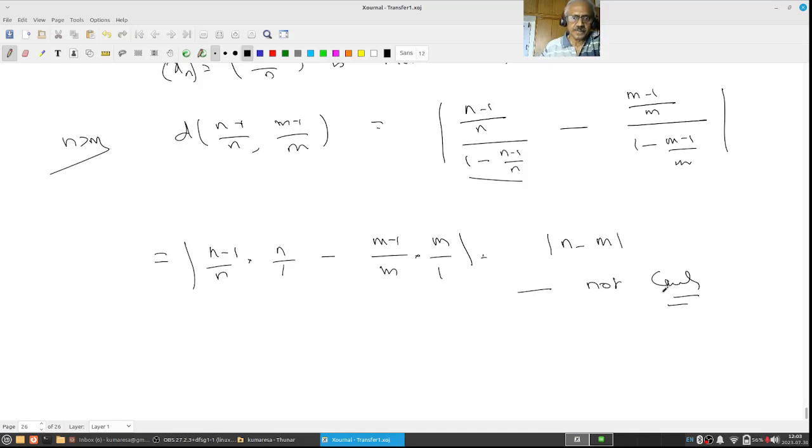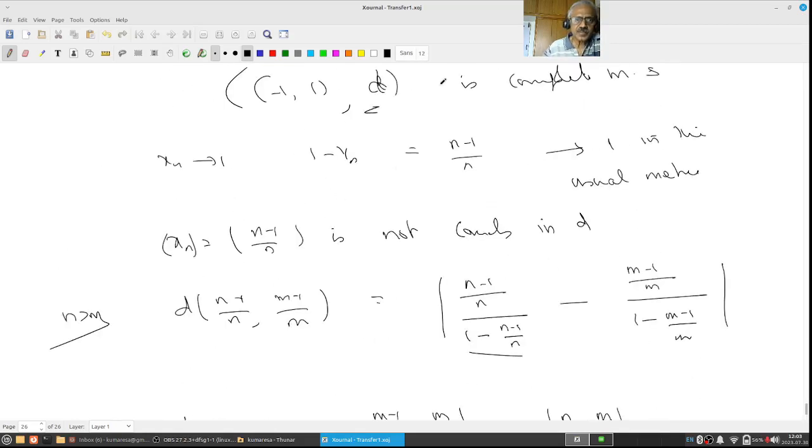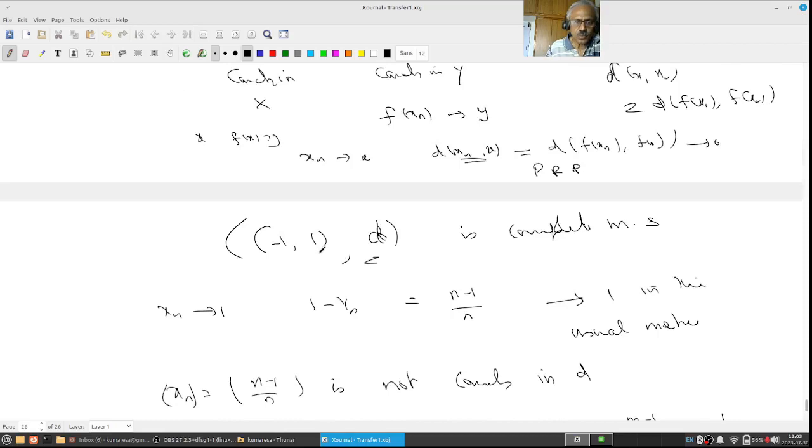So this is just to make sure we know this one is complete. But what I want to show is there is an obvious sequence which converges to 1, therefore it will be Cauchy in the standard metric.